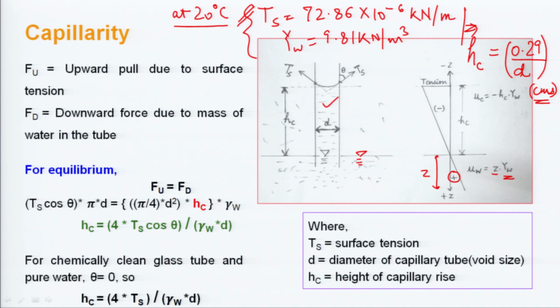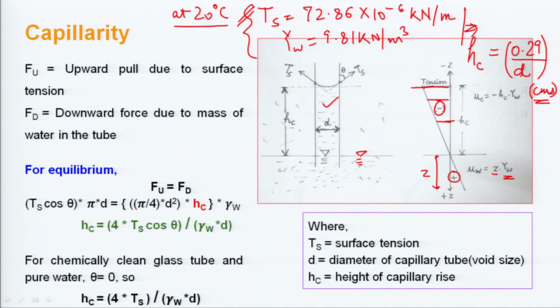But when we talk about this capillary rise, this water is under tension, because the soil solids are trying to lift it up to a certain height. So here it is a certain less value, here it is a certain more value, because at this portion the water is trying to be held up by the soil solids. The soil solids are trying more and more to hold this water.